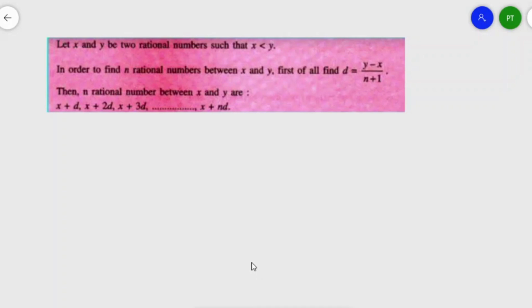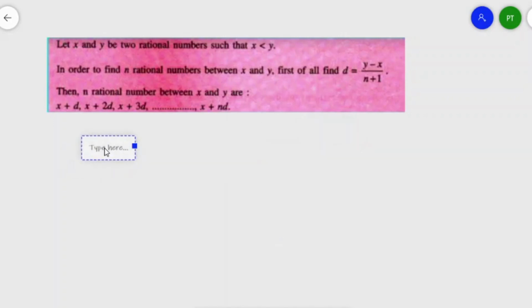So these are different ways. The way which we did before was called the mean method, and this is a different method. And there is also another method, an LCM method. You can find the LCM of the denominators and find it accordingly. You can find the number of rational numbers between two given rational numbers. So let me show an example on how to do this one.